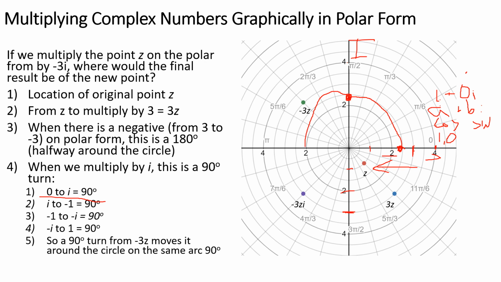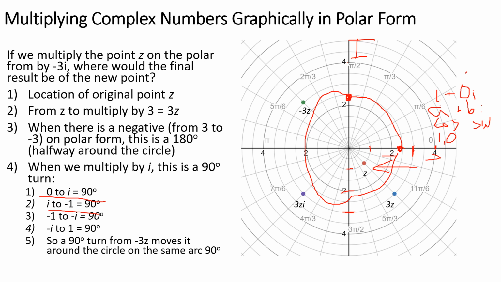And then from negative 1 to negative i is another 90 degrees, and negative i to 1 is back to the origin.